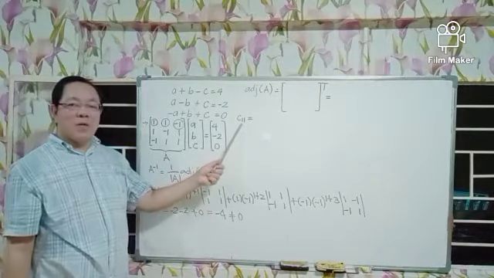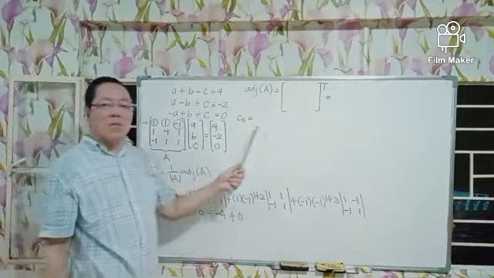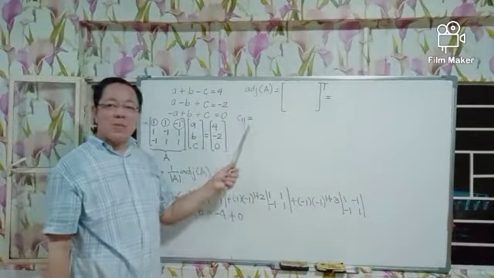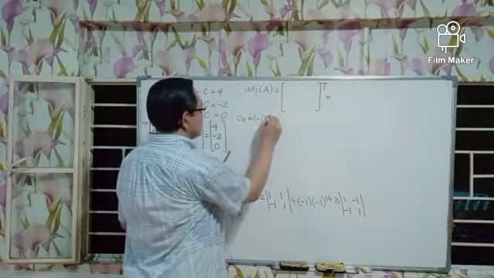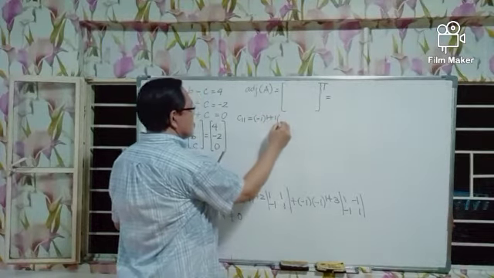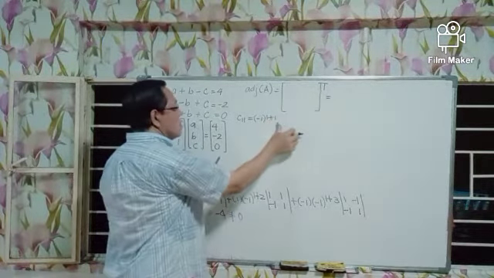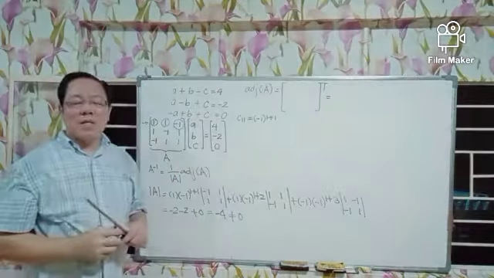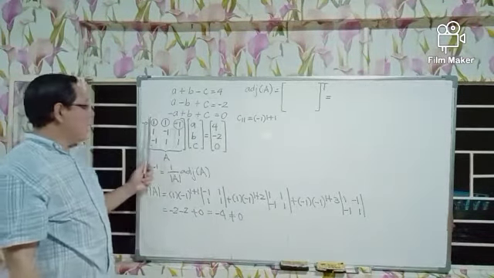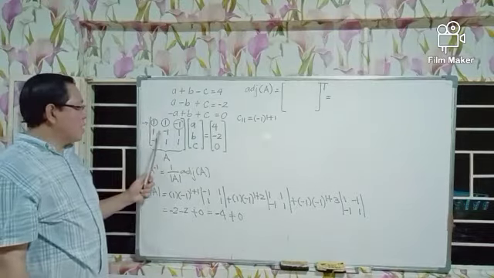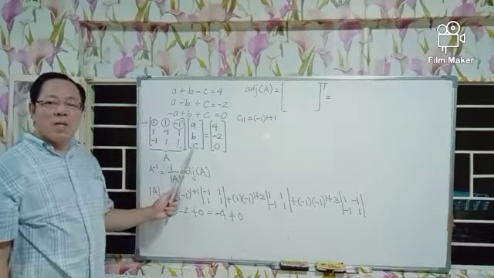And this cofactor of 1 is equal to negative 1 raised to 1 plus 1, multiplied by the determinant that remains after deleting the first row and the first column. We have minus 1, 1, 1, 1.